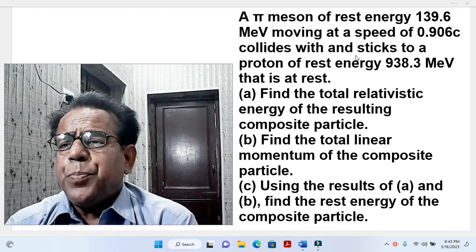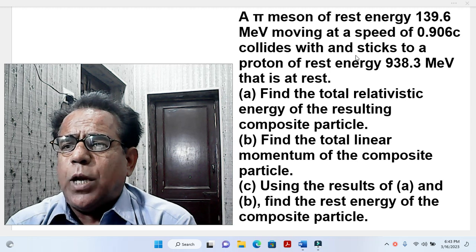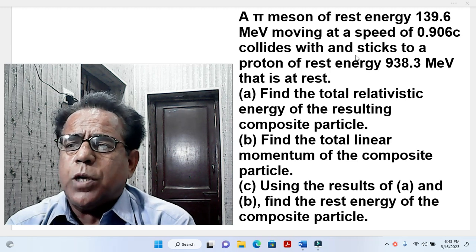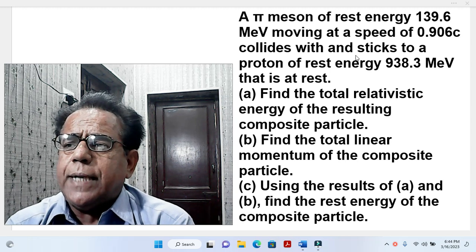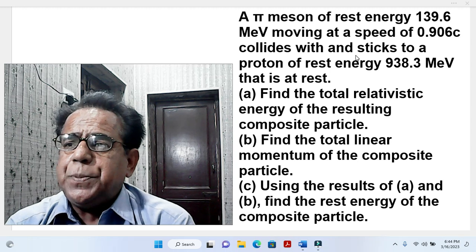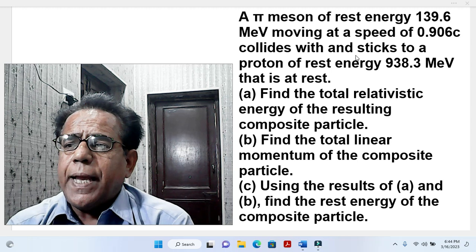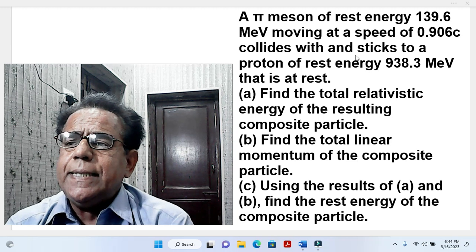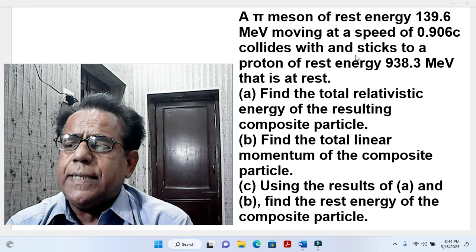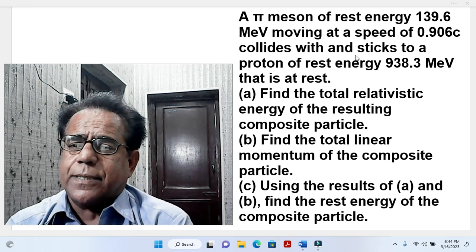A Pi-Meson of rest energy 139.6 million electron volt moving at a speed of 0.906 c, speed of light, collides with and sticks to a proton of rest energy 938.3 million electron volt that is at rest.